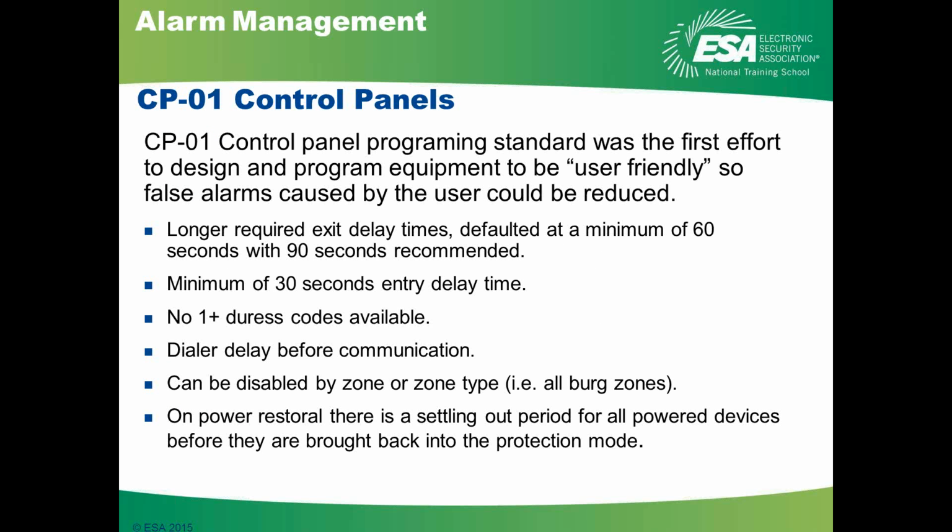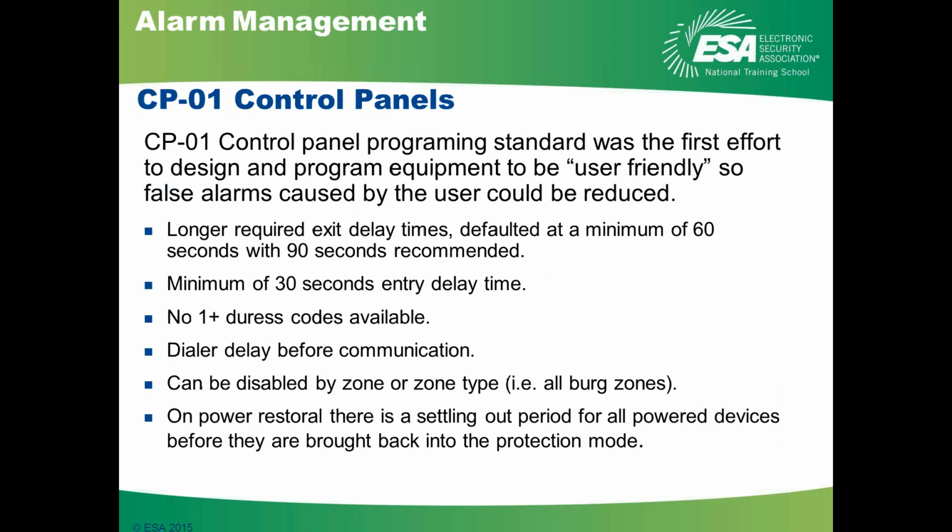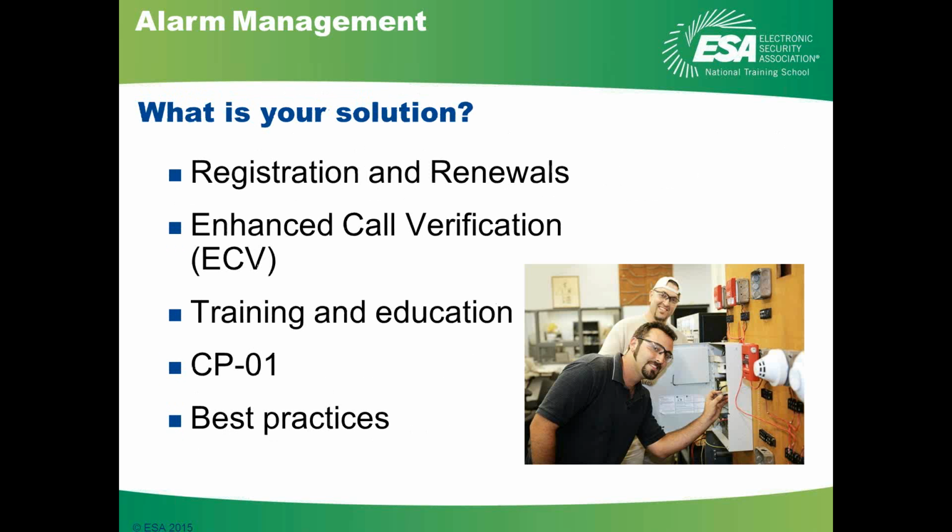Then we get into the CP01 control panel, talking about the various changes that were made, and we still also talk about the user being the major problem in here. So CP01 has not changed.